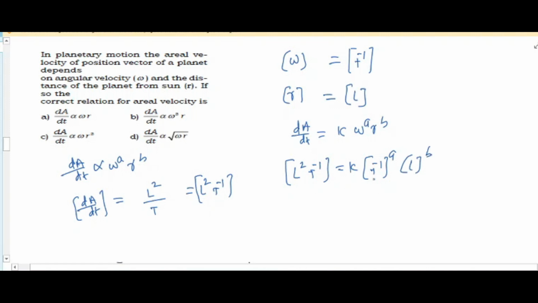When you compare the dimensions, t to the power of minus a equals t to the power of minus 1, therefore a is equal to 1. Here L square, L to the power of b, therefore b is equal to 2. Therefore dA by dt is proportional to omega into r square. Therefore the answer is C.